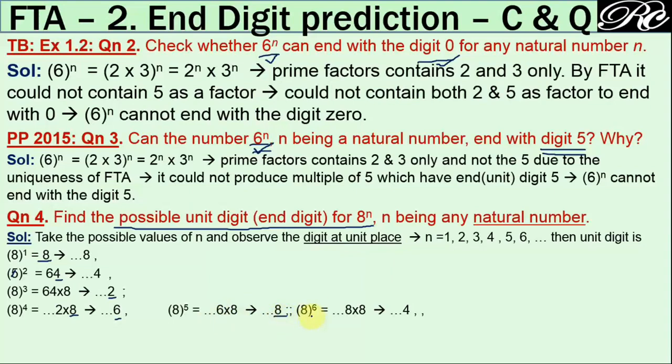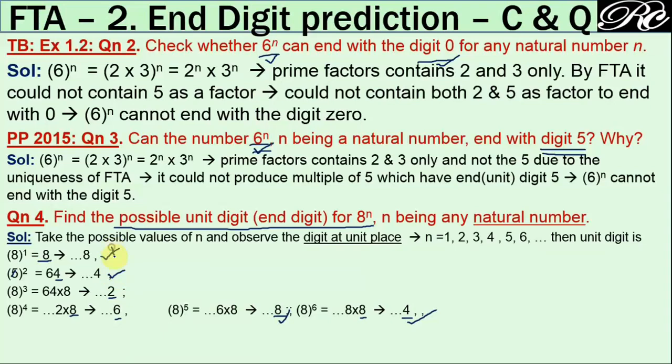Further increasing to 8 to the power 6, this 8 has to be multiplied with the new 8, it becomes 64, so 4 is taken here. Here it is interesting to observe that this 8 is being repeated, same as this one, and this 4 for 8 to the power 6 is the same as this one.